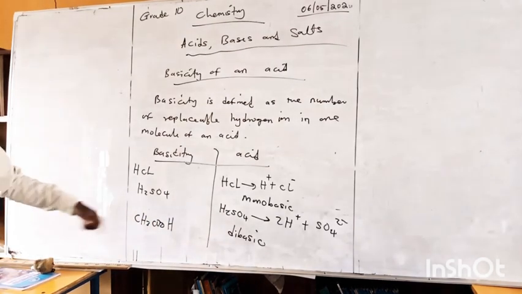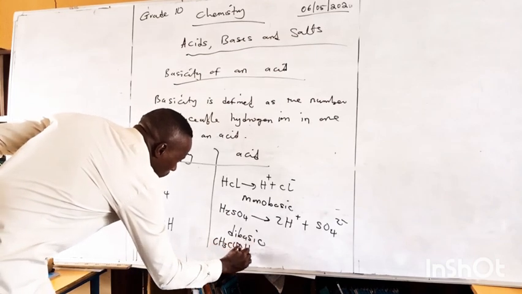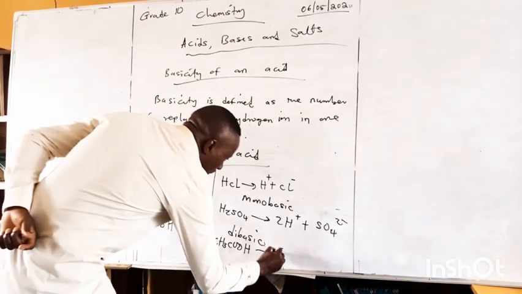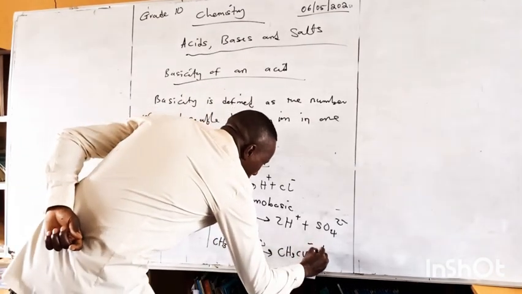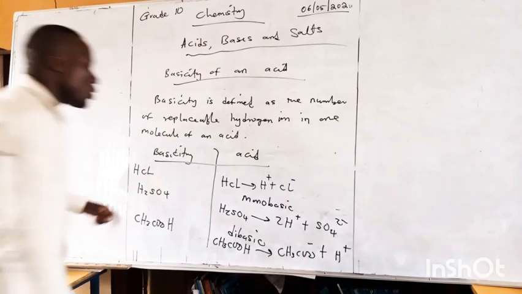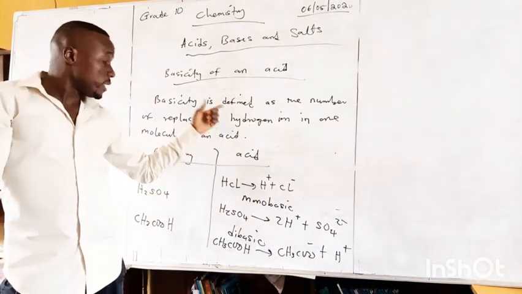This acid will ionize to give us hydrogen, and you can see we have only 1 atom of hydrogen. So this acid is monobasic. The basicity of this acid is monobasic.